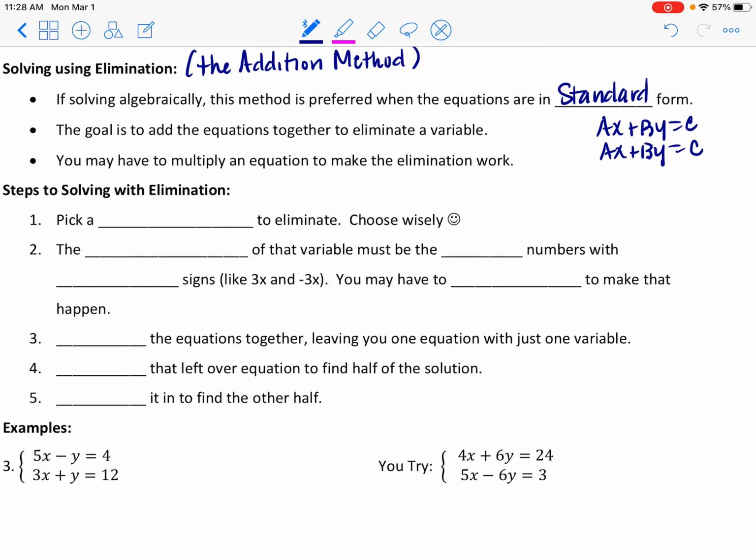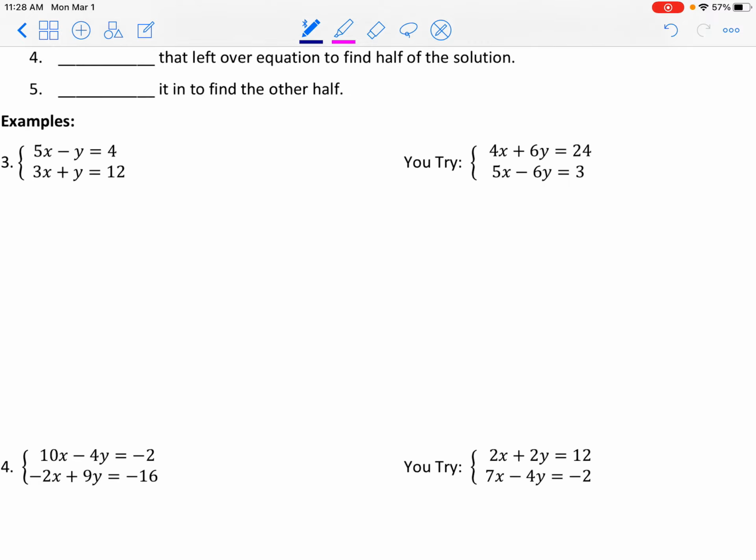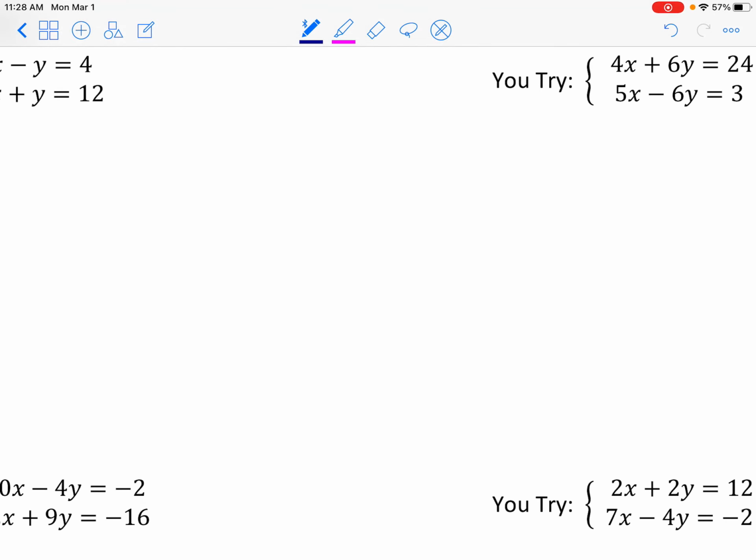And the goal for this method is to actually add the equations together to eliminate a variable, which sounds crazy, but we're allowed to do this. Just don't write this for a second, but let's say I solved an equation and I got a solution of x equals 2, okay? And let's say I solved a separate equation and I got a solution of x equals 2.